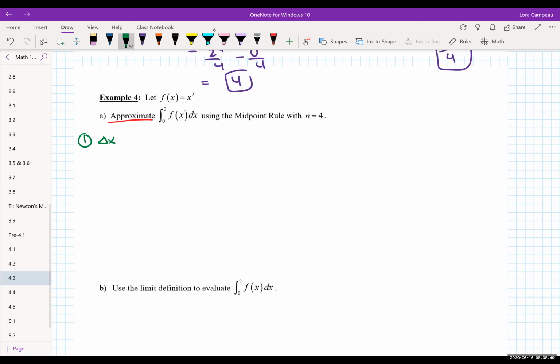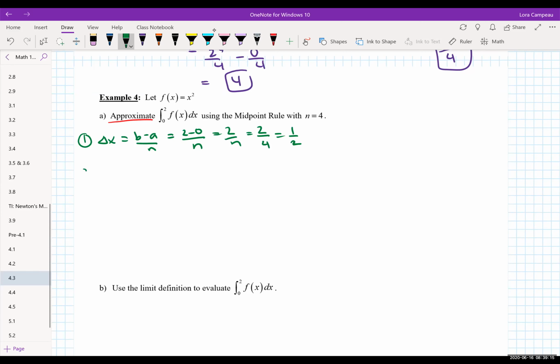And always our delta x is b minus a over n. Well, in our case, it's 2 minus 0 over n, or 2 over n. And now, if n is equal to 4, what is that? 2 over 4, which is 1/2.